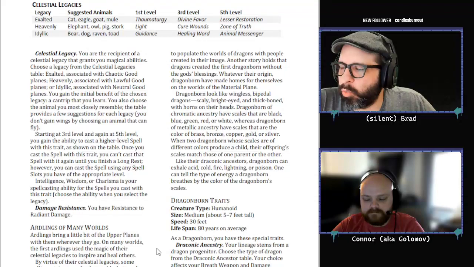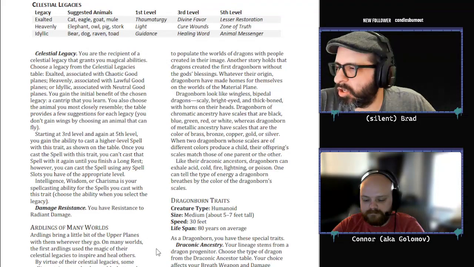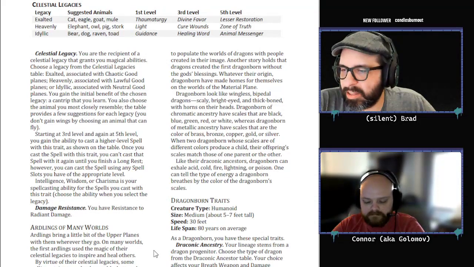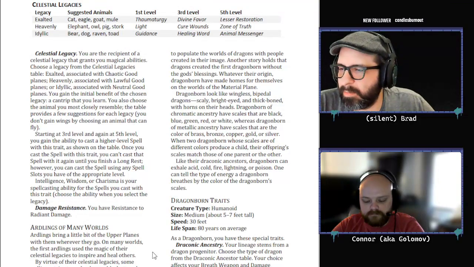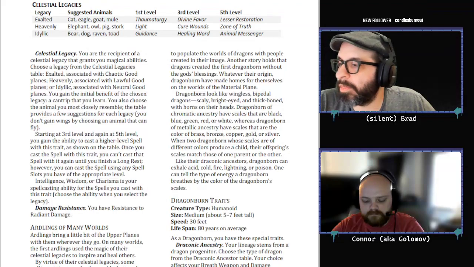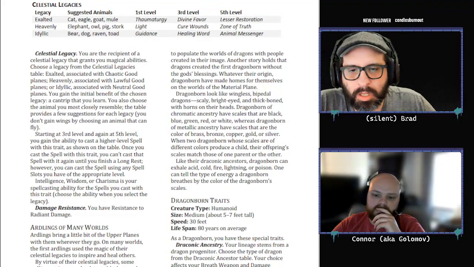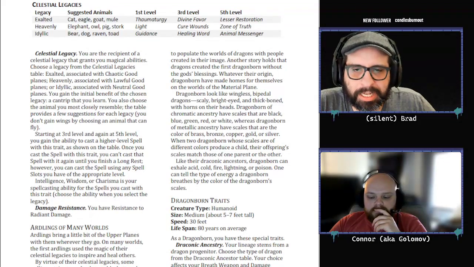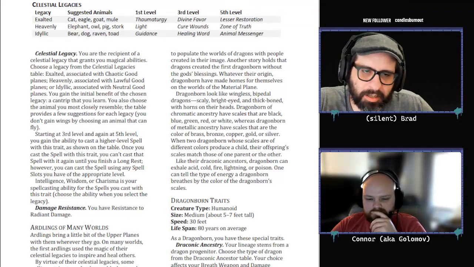Originally, Dragonborn looked like dragons and had the draconic ancestry stuff, but they were not related to dragons specifically.